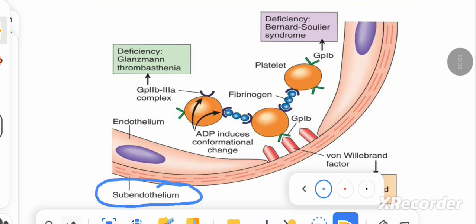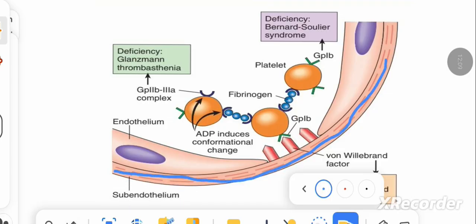Okay, the subendothelium. So in the subendothelium, which is this layer here, there is what we call von Willebrand factor. So this von Willebrand factor, once it is exposed, in blood, as blood is circulating, there are thousands of these platelets. So now those platelets will be in contact with this von Willebrand factor.